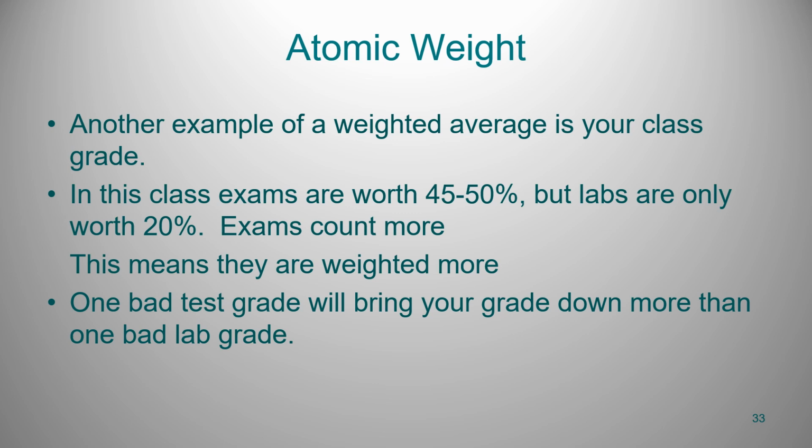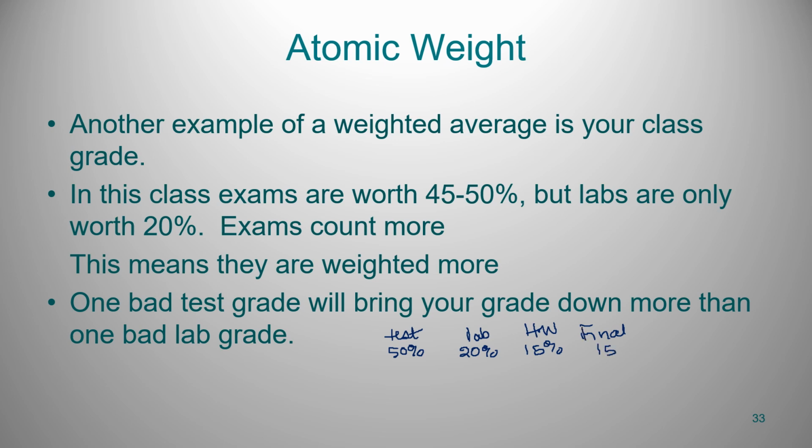And that's how I figure out your grade in the class. In this case, the tests are worth 50%, the labs are worth 20%, the homework is worth 15%, and the final is worth 15%.